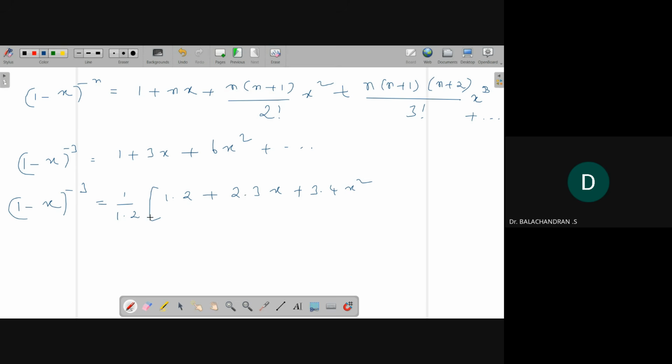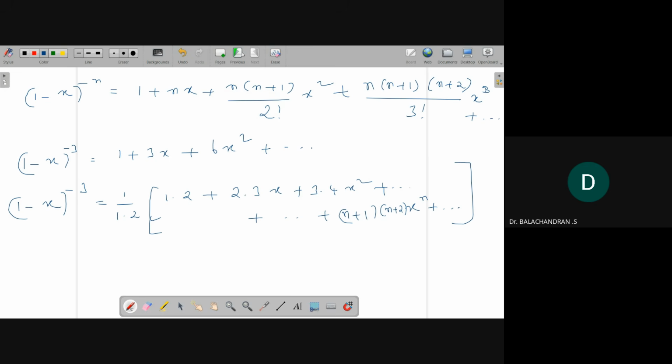It goes like this, plus dot dot dot plus, what is the coefficient of x power n? Coefficient of x power n is n plus 1 into n plus 2. So this is 1 minus x whole power minus 3.